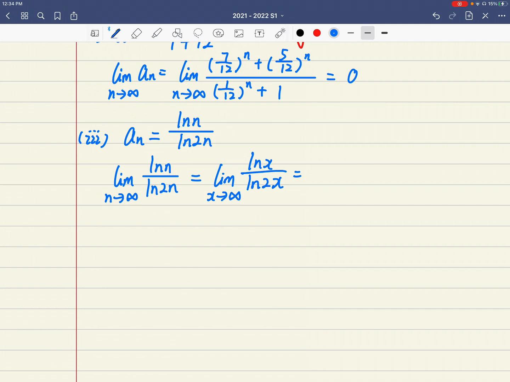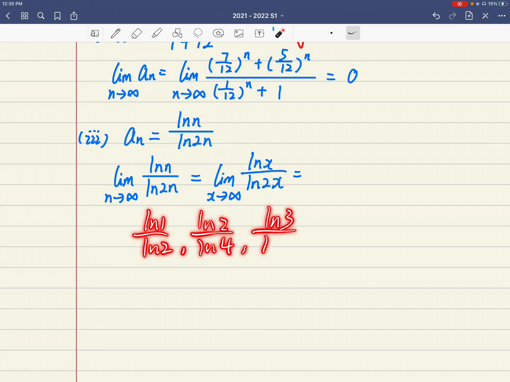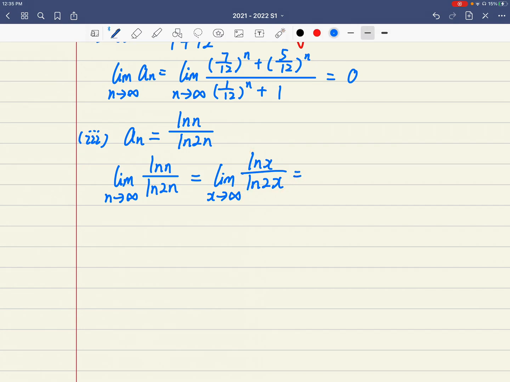That's why we have to change this to a continuous function, because here it is a sequence. It is essentially ln 1 over ln 2, ln 2 over ln 4. But if you change it to x, now it's a continuous function, and we can apply L'Hopital's rule.